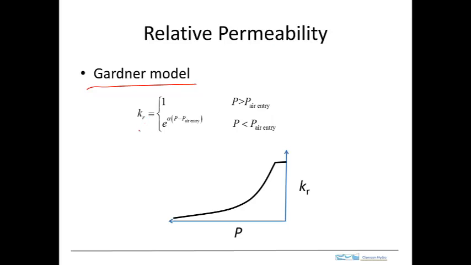So the Gardner model says that the relative permeability of water is equal to 1 for pressure greater than the air entry pressure, and it equals this exponential function for the pressure less than the air entry pressure. So remember back from the soil moisture characteristic curve that this was the air entry.